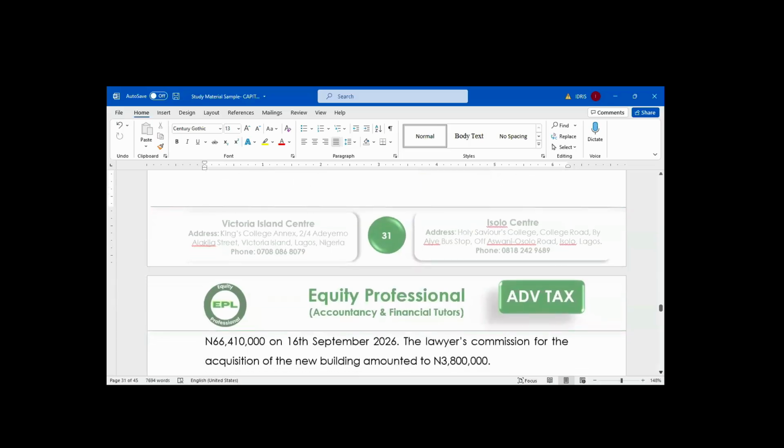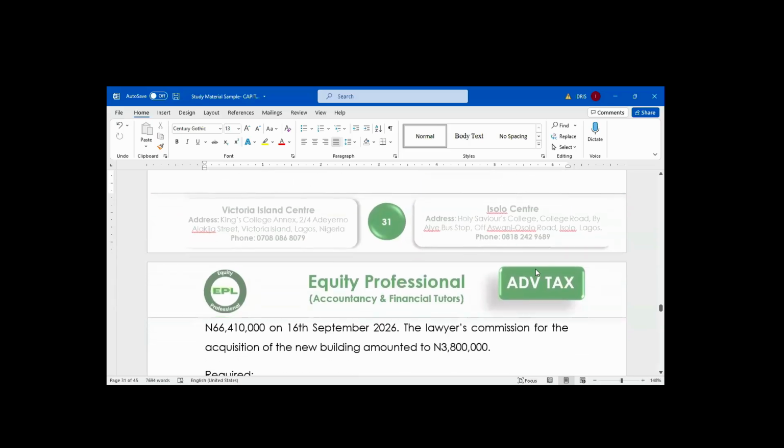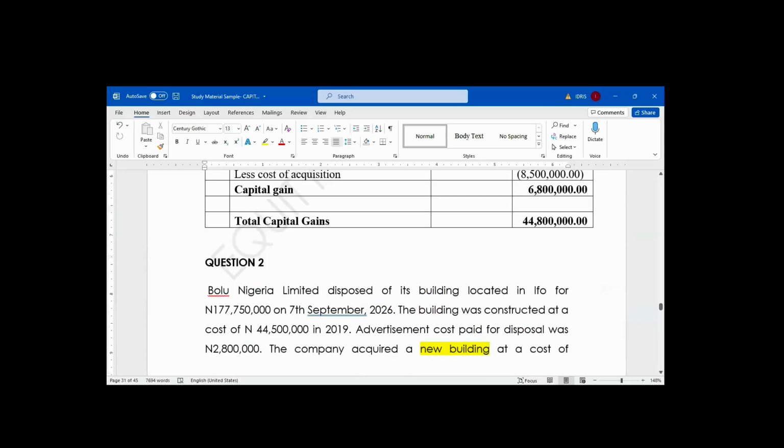Plus 3.8. That is how much? 66,400,000 plus 3.8 is 70,210,000. So when you compare it with the sales proceeds, what type of rollover is that?